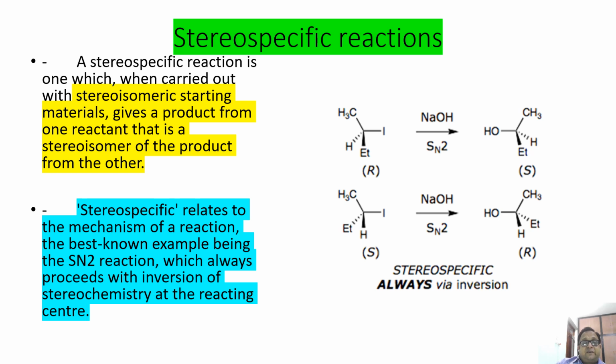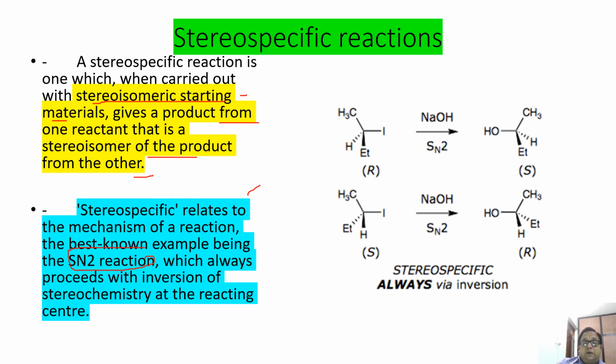A stereospecific reaction is one which, when carried out with stereoisomeric starting materials, gives a product from one reactant that is a stereoisomer of the product from another. Stereospecific relates to the mechanism of a reaction, and the best known example is the SN2 reaction, which always proceeds with inversion of the stereochemistry at the reacting center.